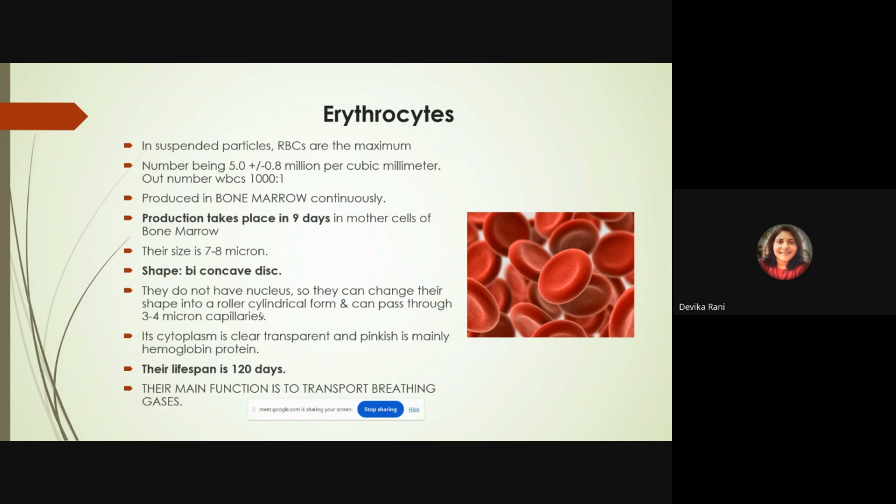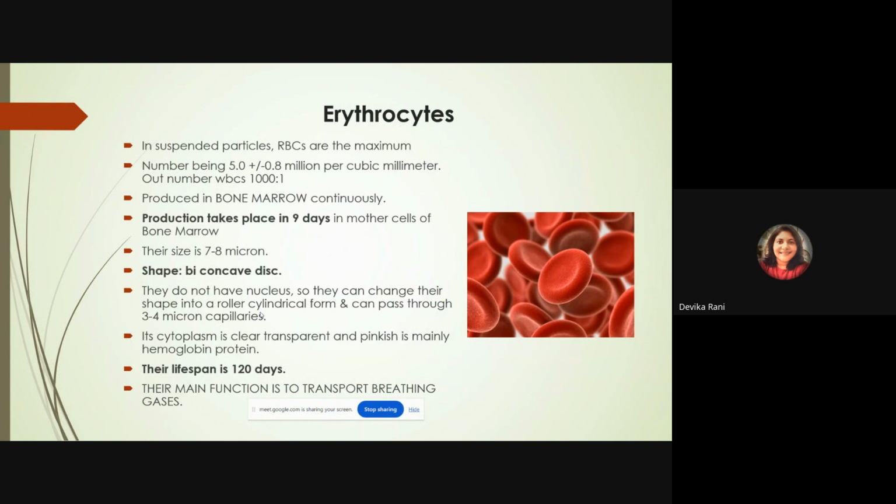They outnumber white blood cells in the ratio of 1,000:1. They are produced in the bone marrow continuously. Please remember, I've highlighted these 2-3 points because sometimes questions are asked in the exam. So production takes place in 9 days, from the mother cells of the bone marrow. If it is asked how many days it takes to produce a red blood cell, it is 9 days.